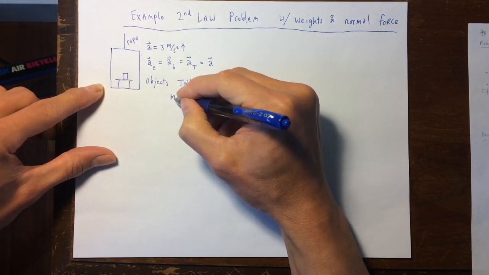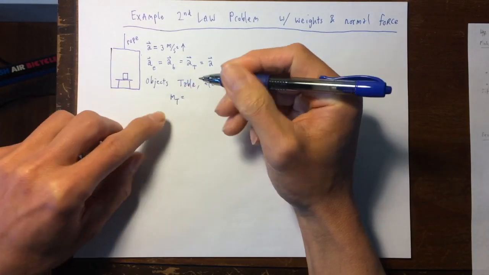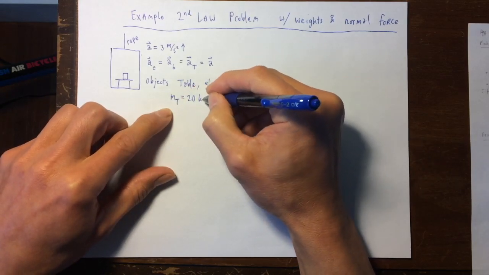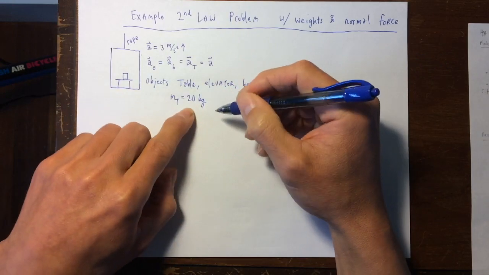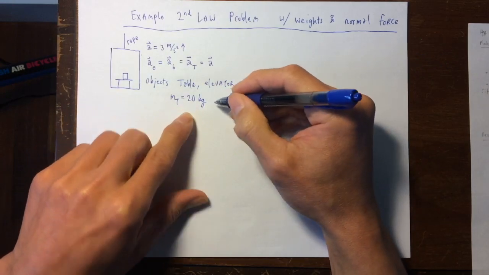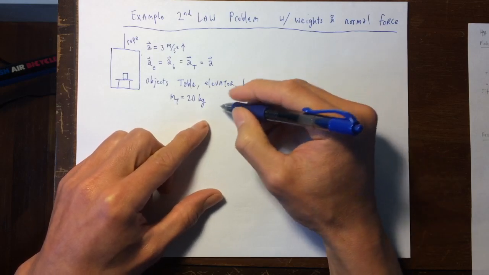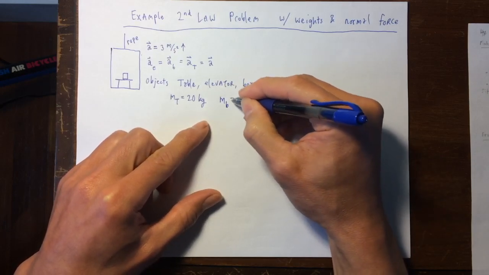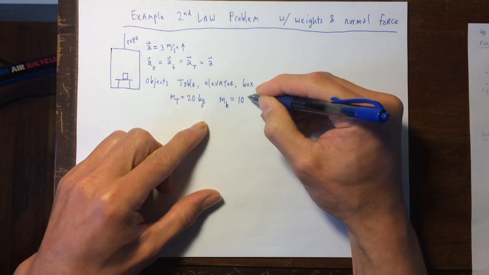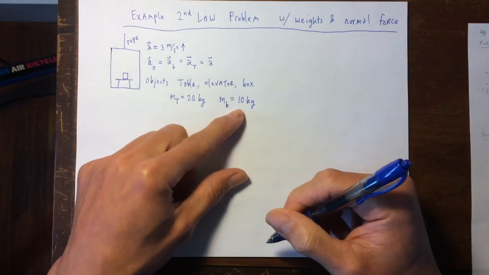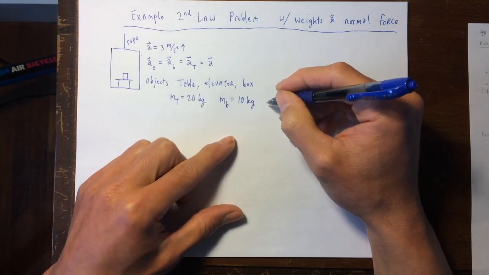And we'll say that the mass of the table, just to have some values, is 20 kilograms. So that's about a third of the mass of a person. It's a normal table in your room, maybe. The box is going to be even less mass. So a cardboard box full of eggs, I don't know, doesn't matter.